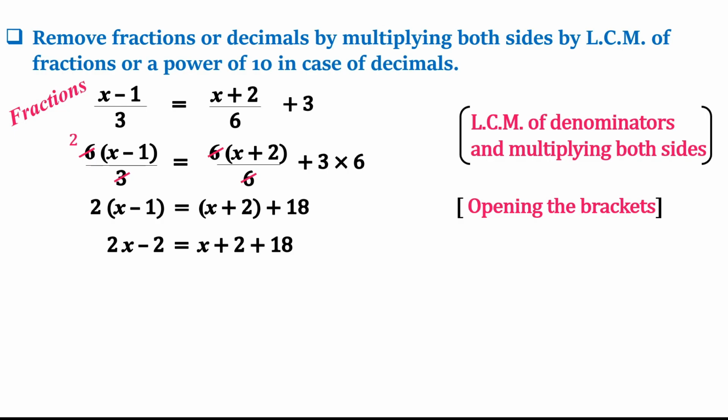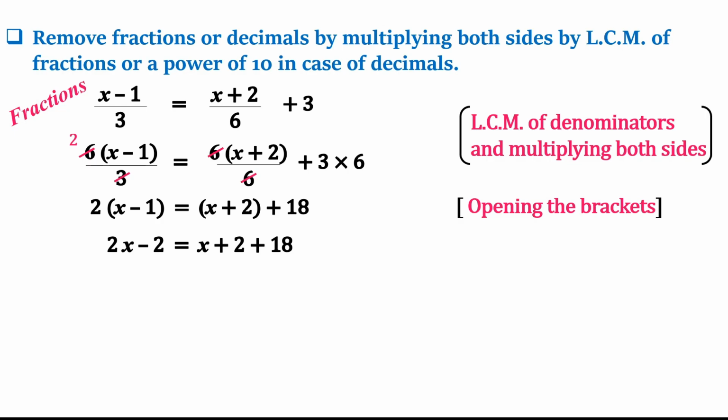So the next step is bringing all the like terms together. I will bring all the variables on the left hand side and all the constants on the right hand side. So we have to follow the permissible rules which we discussed. Minus 2 on the left hand side, I am removing from the left hand side because I have thought of taking all the constants to the other side.